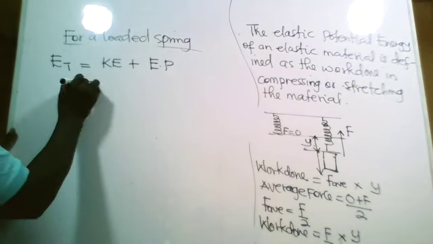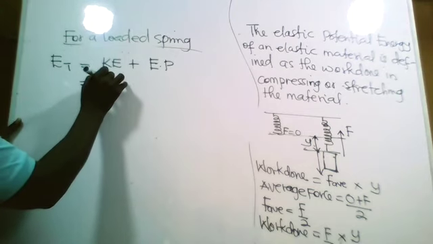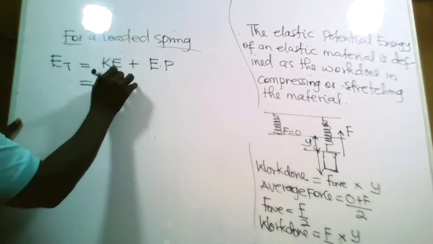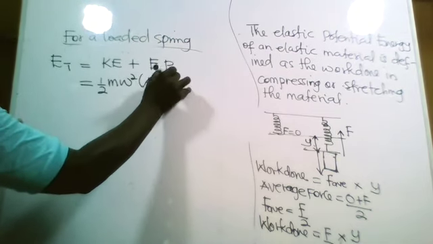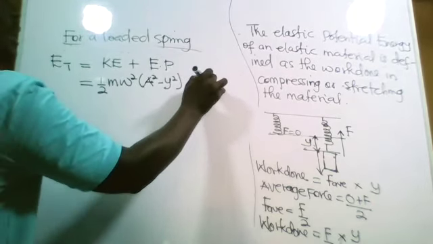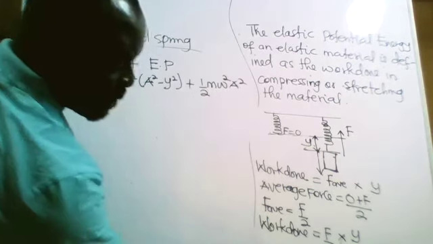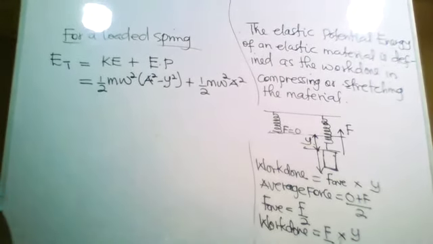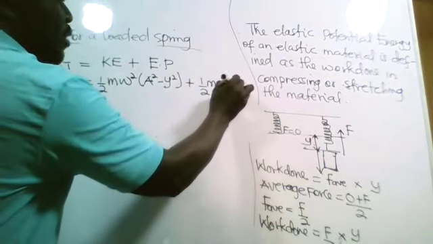And this is equal to half m omega squared (a squared minus y squared) plus half m omega squared y squared, which is the elastic potential.